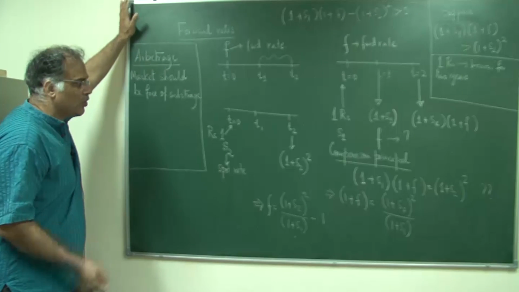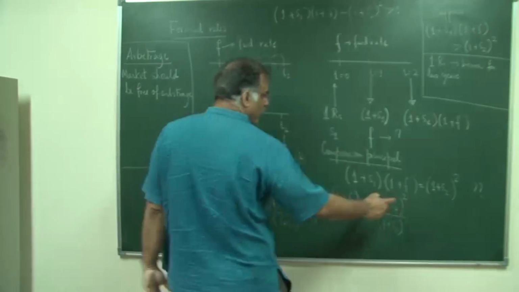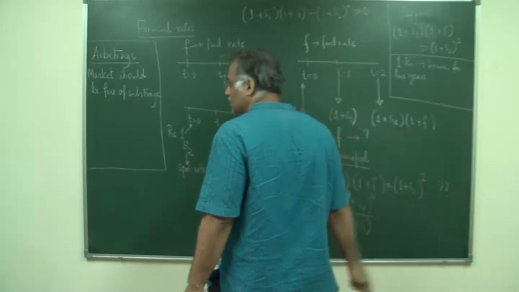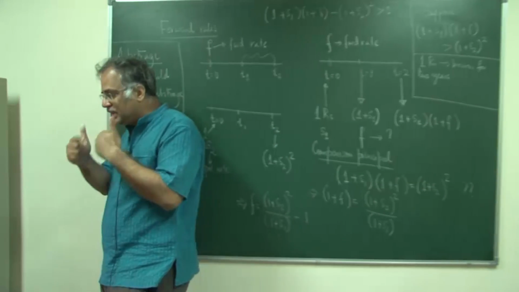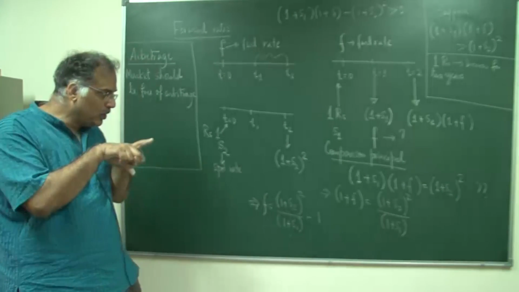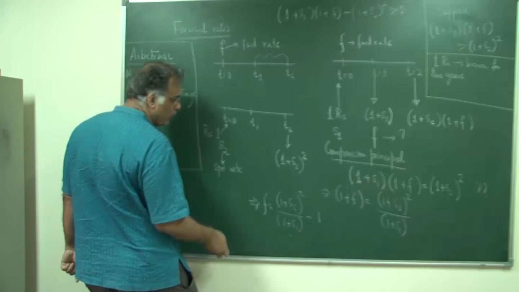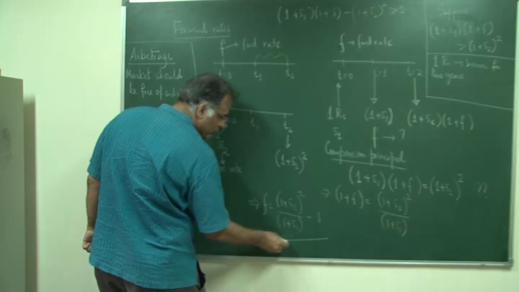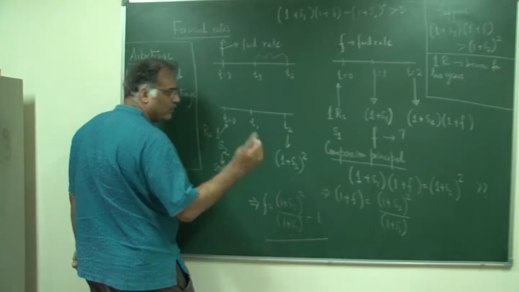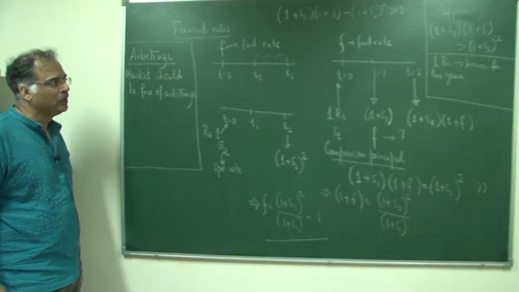So unless you have this equal, arbitrage will always remain, and this arbitrage operation is gradually observed in the market, and the market will only allow forward rate quotes which are provided by this formula.